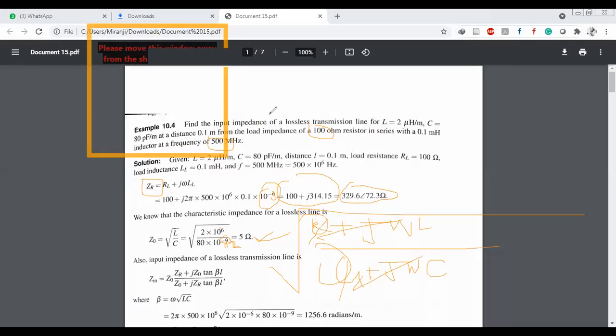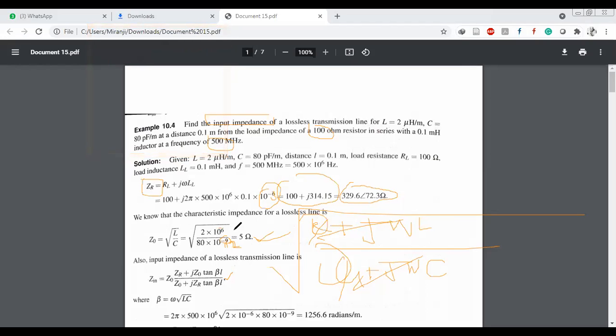Now what I want exactly here is the input impedance of a transmission line. You already know the expression for input impedance from the earlier class: Zin equal to Z naught into ZL plus j Z naught tan beta L, divided by Z naught plus j ZL tan beta L, right? Please see that video, where I derived the expression for input impedance in different formats.